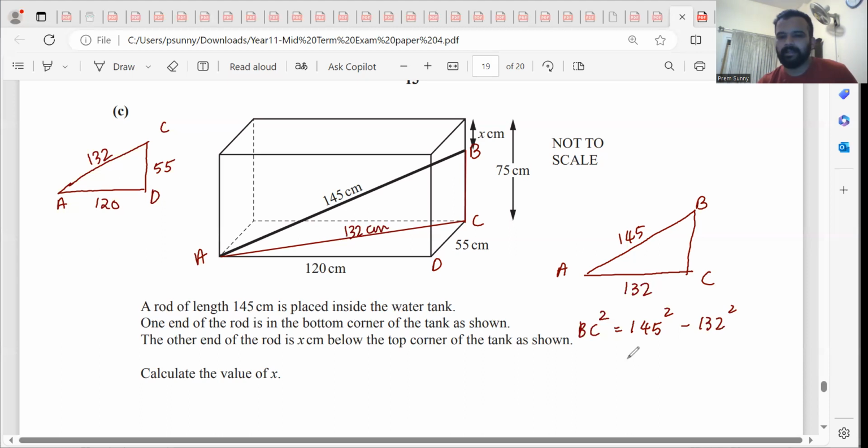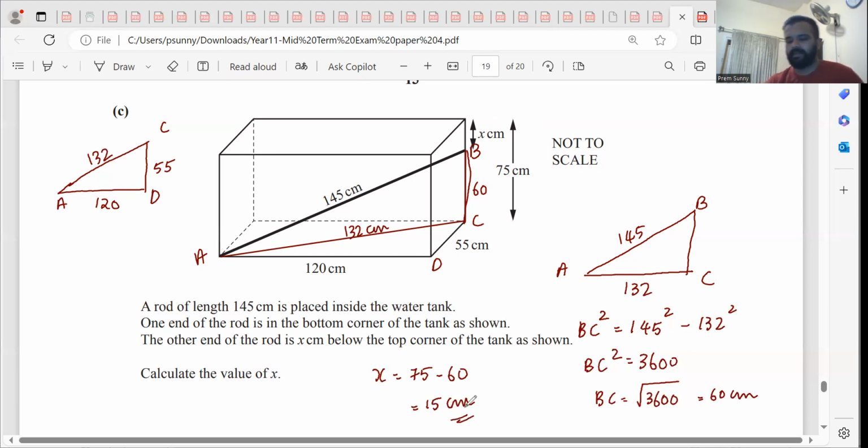I'll get it as 3600. So to find BC, I have to take square root of 3600, which will give me 60 centimeter. So this length BC from here till here, this is 60. So x will be 75 minus 60, that is equals to 15 centimeter.